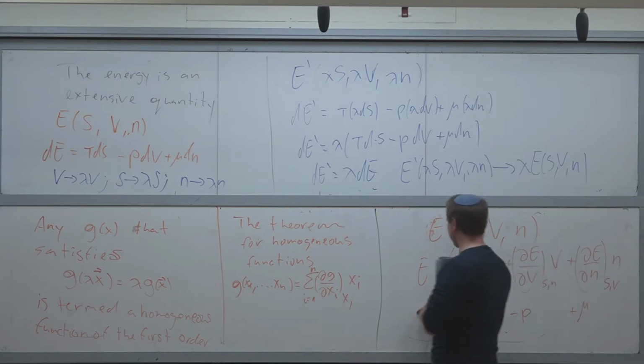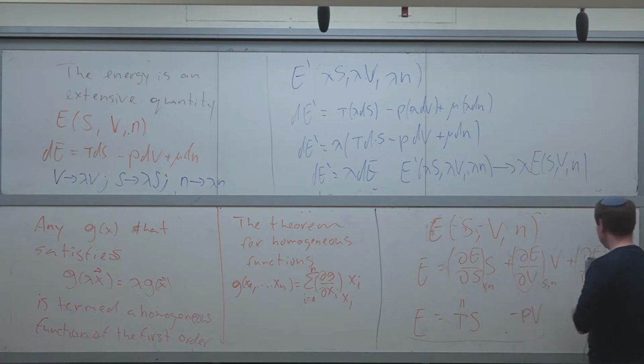So what we have obtained is that E is TS minus PV plus mu N.